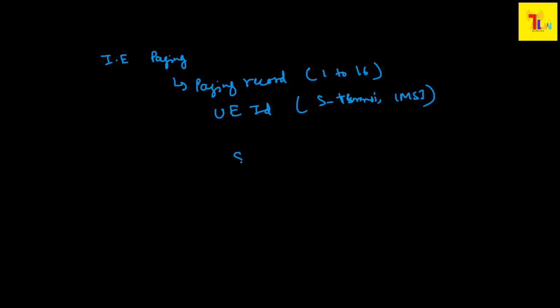And then we have the system information modification, which can be true or false, then your ETWS. So these are the basics.